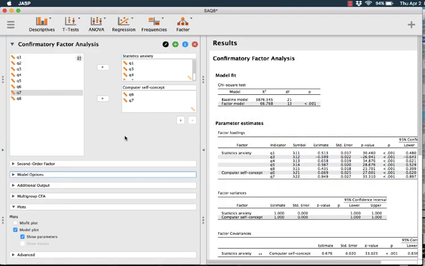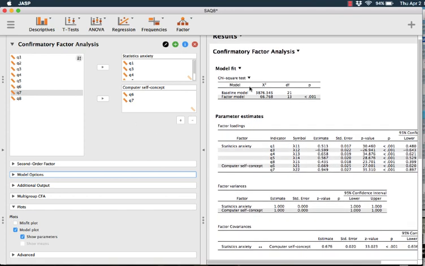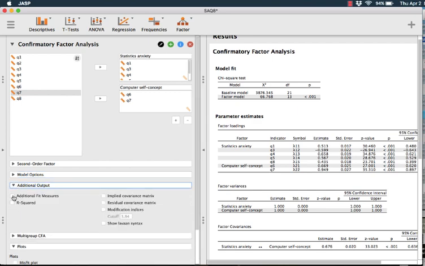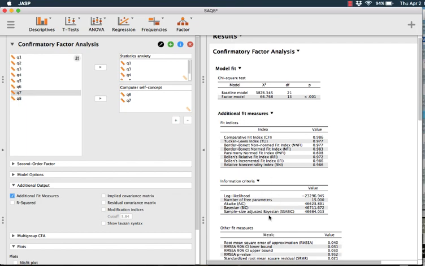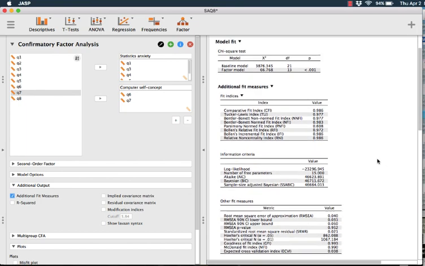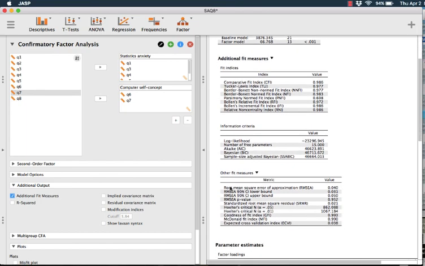Now, we didn't choose any options on our confirmatory factor analysis. All it gave us was, for model fit, the chi-square test. Well, if you go to additional output and select additional fit measures, it will give us a whole bunch more. In fact, one of them that you'll see down here in the third box is root mean squared error of approximation, RMSEA.